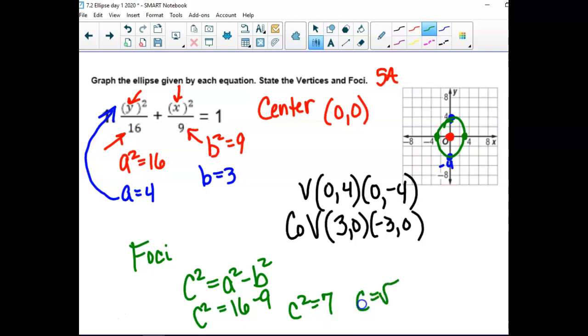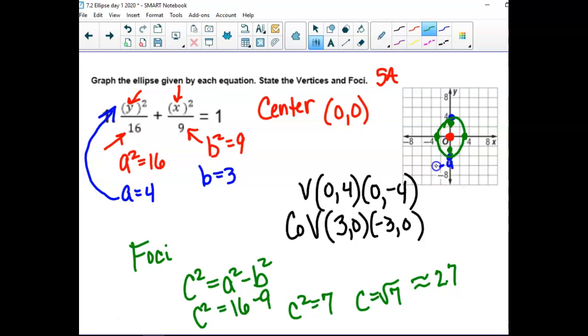So C is the square root of 7, which I'm going to leave exact for the ordered pair, but can anybody tell me what the square root of 7 would be about? 2.5-ish? What is it? So 2.7-ish. So it's almost to 3. So it's right inside there.